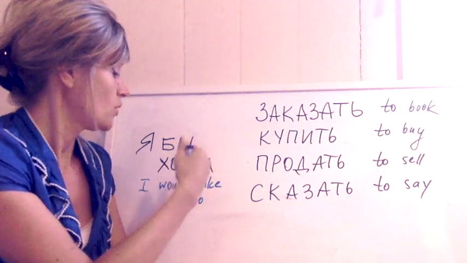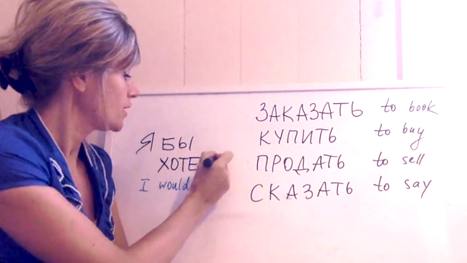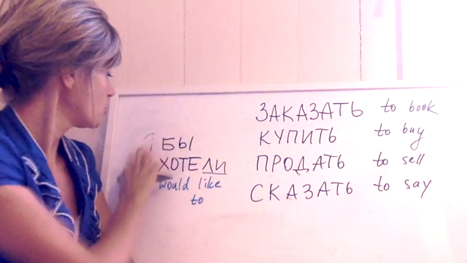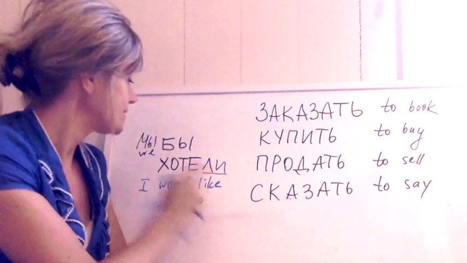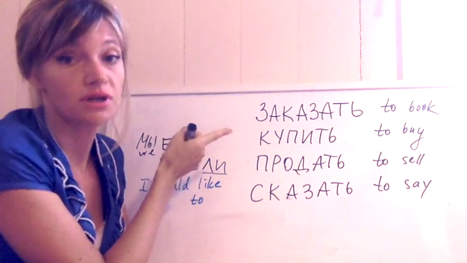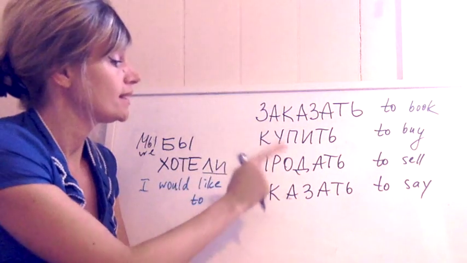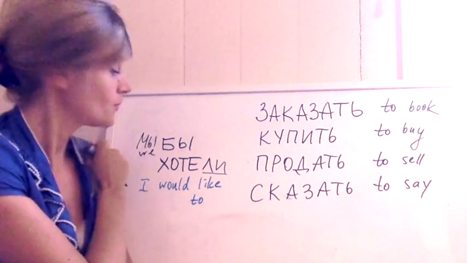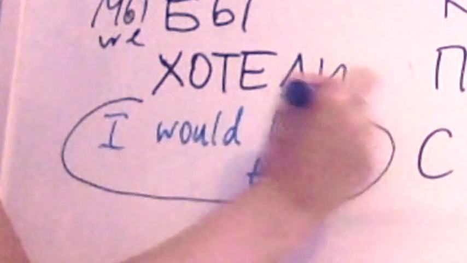If you represent more than one person, let's say a group, you would put ли and мы, we. So, мы бы хотели, we would like to book. Мы бы хотели заказать, we would like to book. Мы бы хотели сказать, we would like to say. So this one, it's just a phrase.